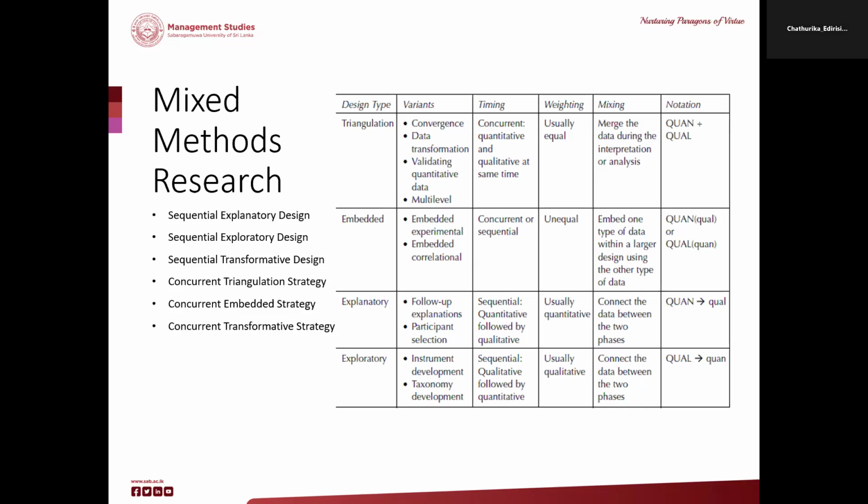So the best thing is to explore the phenomena first, explore the construct first, and develop an instrument in order to measure that construct. The measurement development or instrument development is a qualitatively bounded approach.